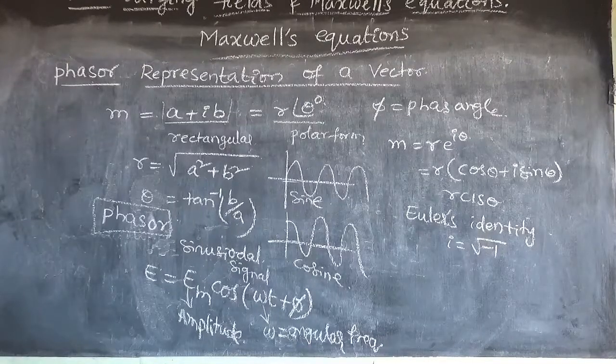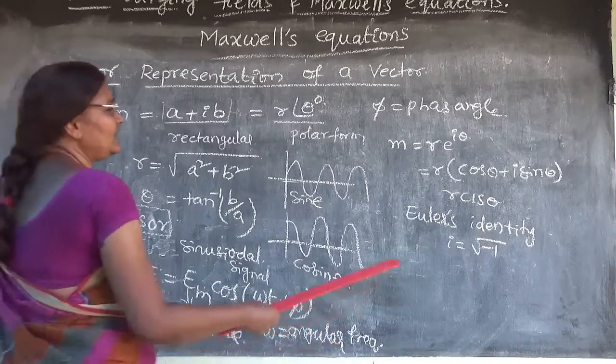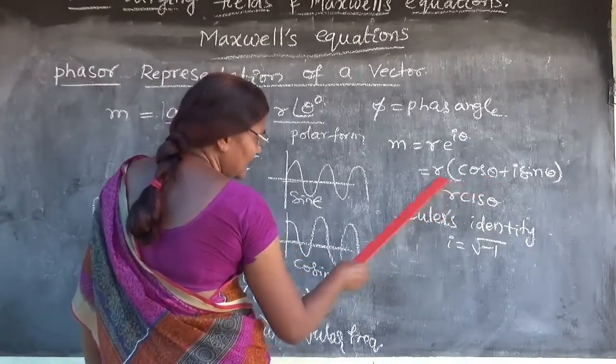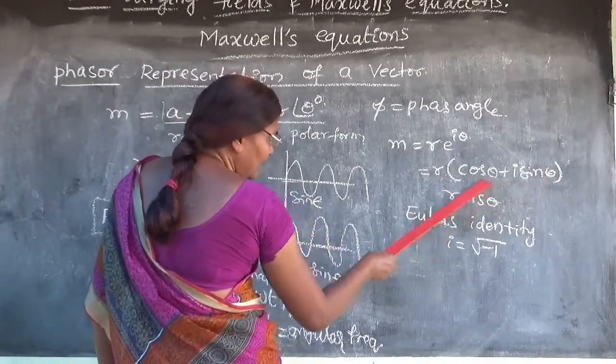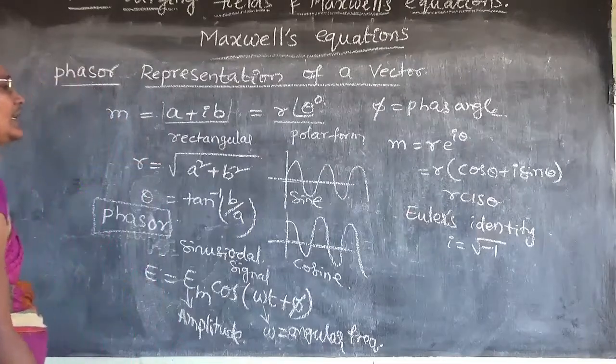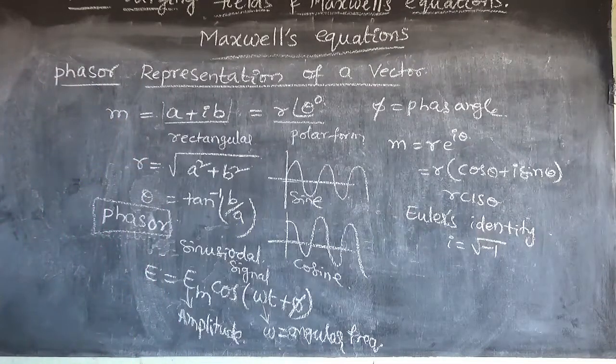So here we can divide this into a real part and an imaginary part. So there will be two parts. One will be the real part and the other will be the imaginary part.